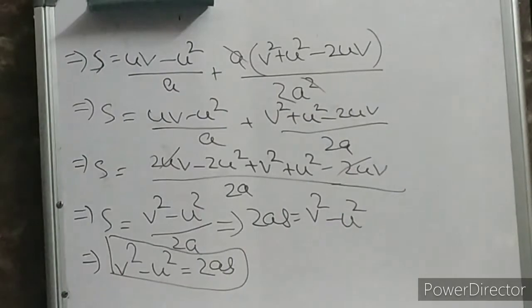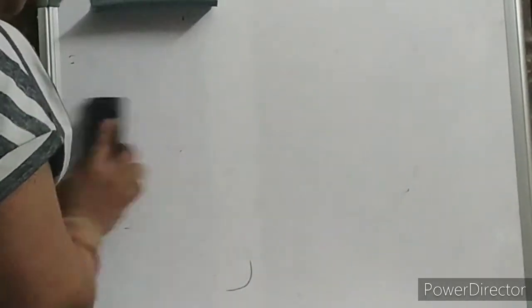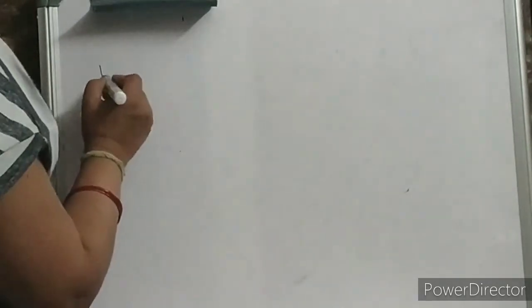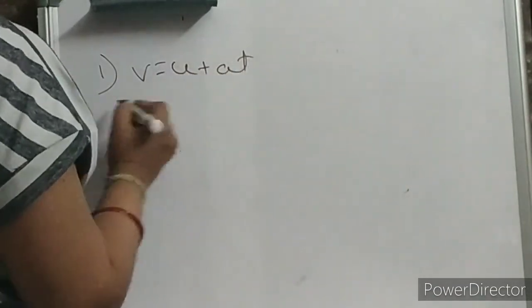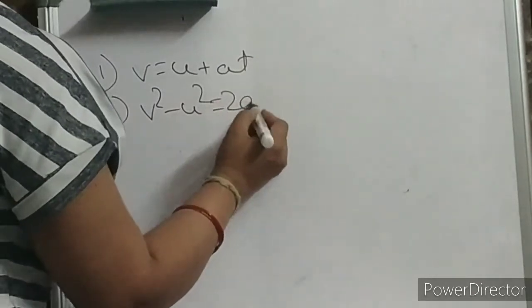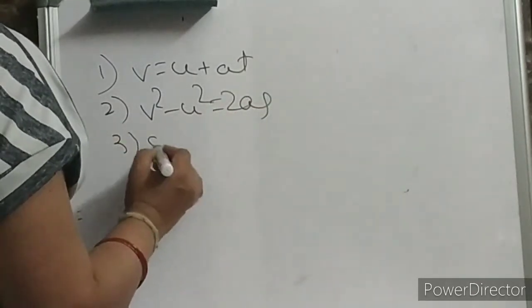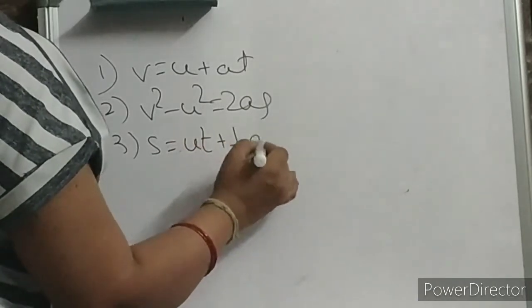Let me write all the three equations over here. What are the equations of motion finally?